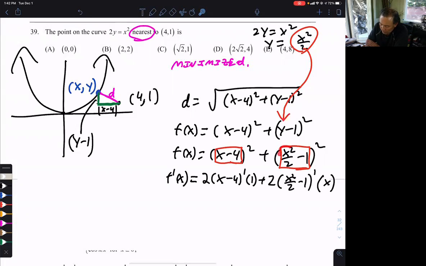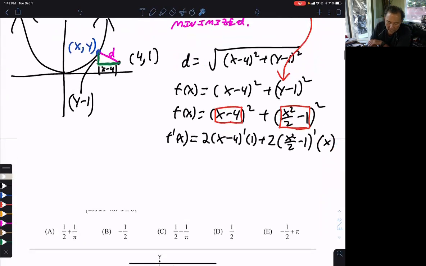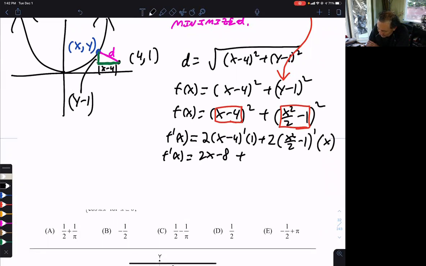Because I bring the 2 in front, these 2's will cancel and it'll be x to the first power. So that's going to be the derivative. All right, let's simplify. f prime of x will be 2x minus 8 plus, I have to distribute the 2 there and the x's there. If I do that, I'm going to get x cubed and then minus 2x.